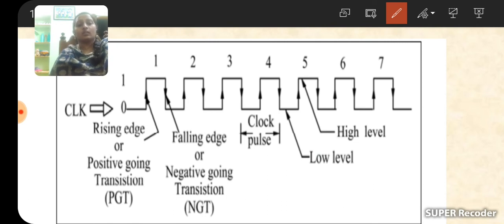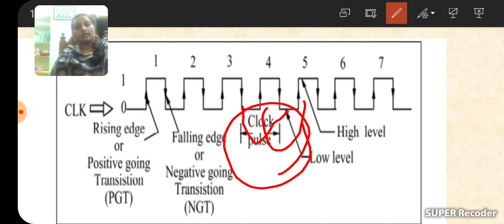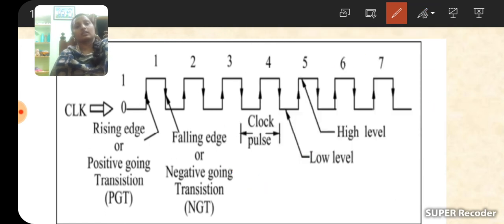And how can we define the clock pulse? One decrement to the next decrement, or one increment to the next increment, is called a clock pulse. Here this is called high level and this is called low level. This is about the clock pulse.